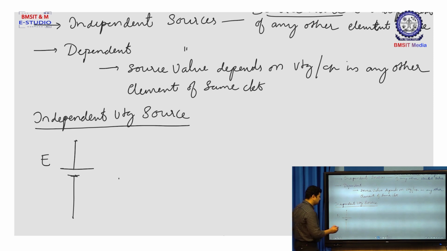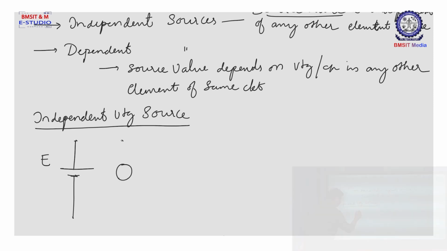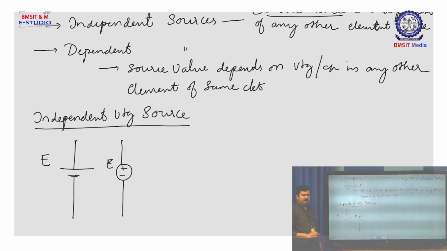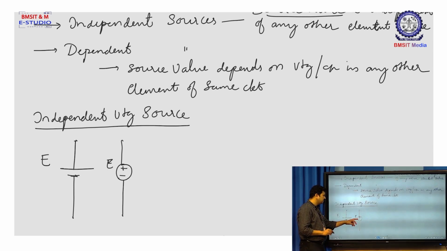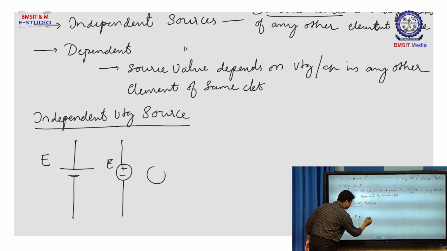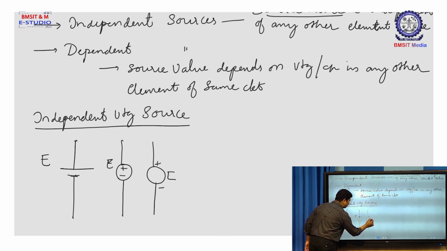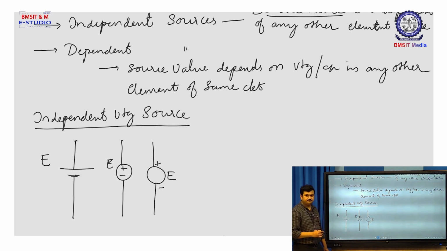This is a voltage source, or it can be represented in a circle with polarities marked, say of voltage E. These polarities can be displayed inside the circle, or the polarities can be mentioned outside the circle. This is also an independent voltage source of voltage E.